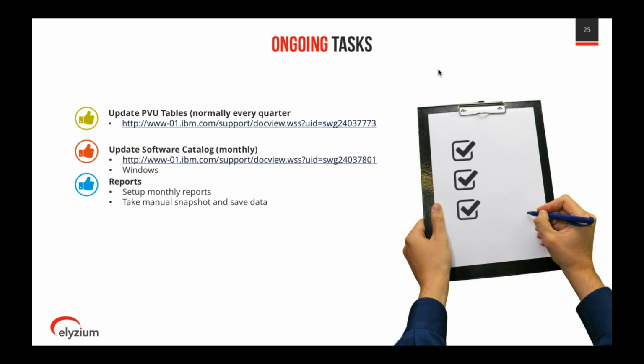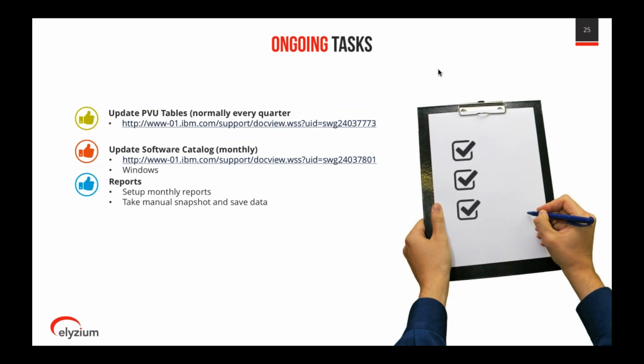So even though the reports are running, if you've not updated to the latest software catalog, which essentially contains all the signatures for IBM products, you do have to do this every month without fail. If you don't, it could very well be held against you during any type of audit.